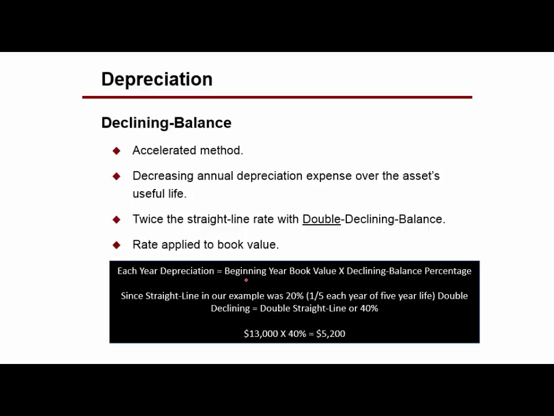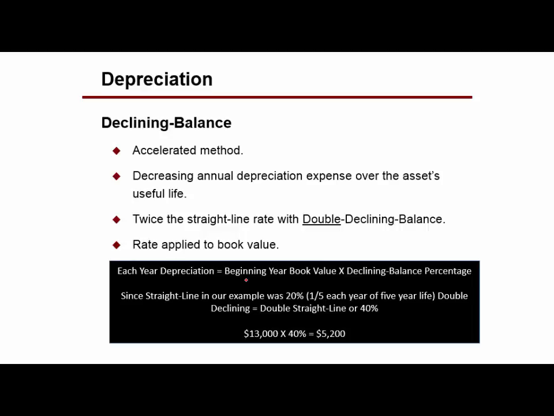Okay? So what happens? Remember, 1 divided by 5 is 20%. What is double 20%? 40%. So double declining balance would be double the straight line. Instead of being 20 in this case, it would be 40%, right? What if it was a 4-year life?